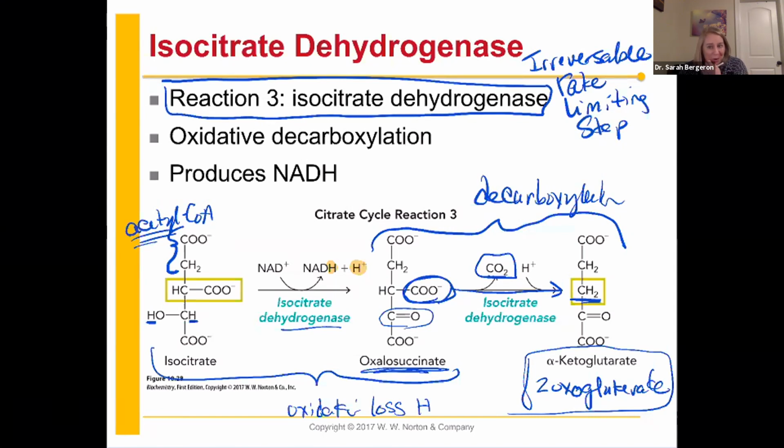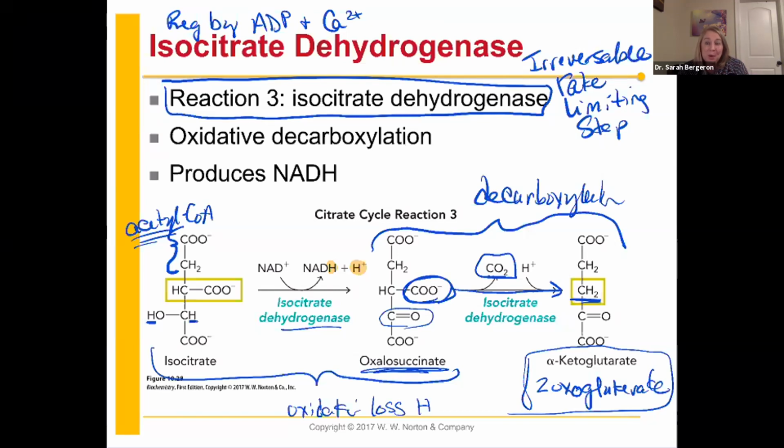This pathway is highly regulated, like we said. It's regulated by ADP, right? And calcium. Okay, so these are positive effectors. If you have lots of ADP in the cell, then that means you need to start to generate some more energy for the cell.